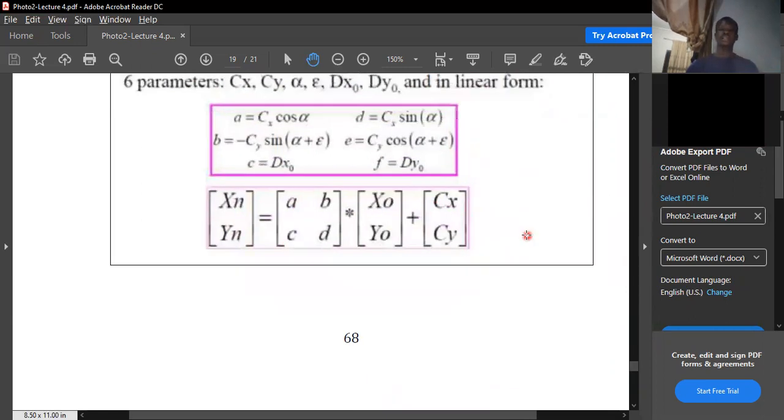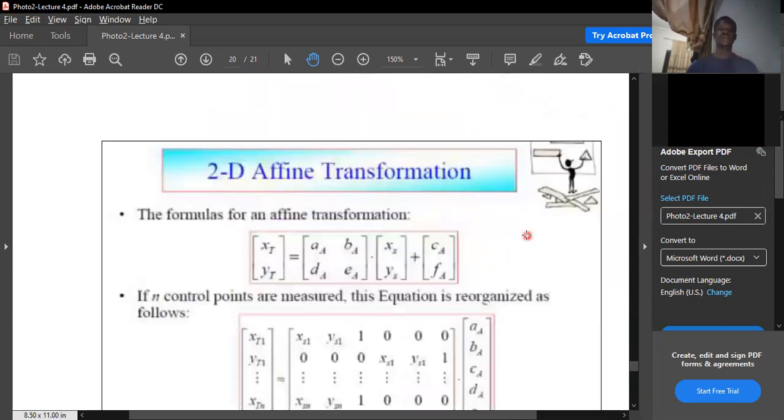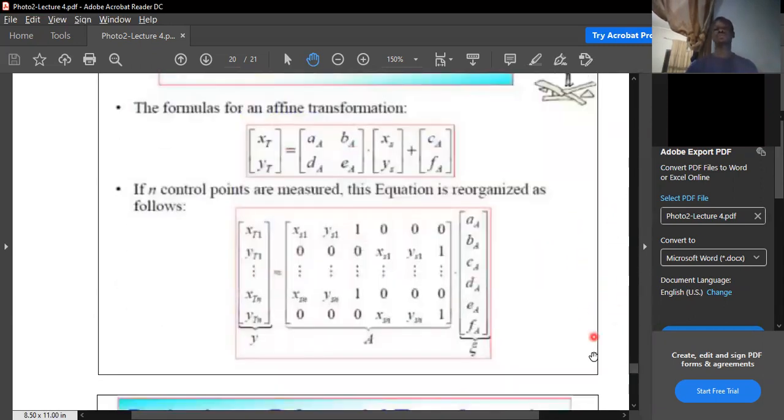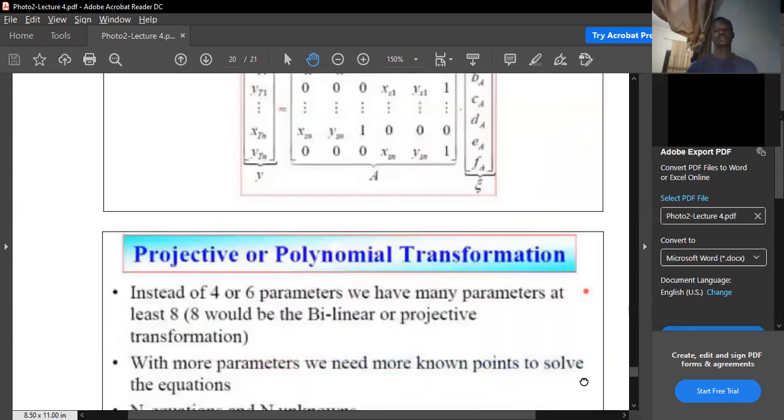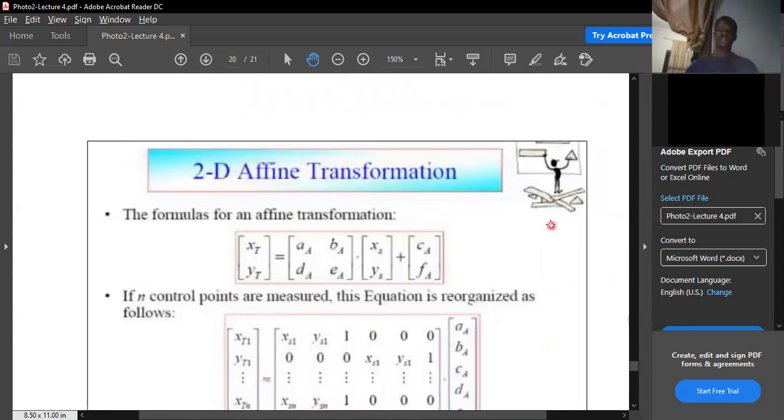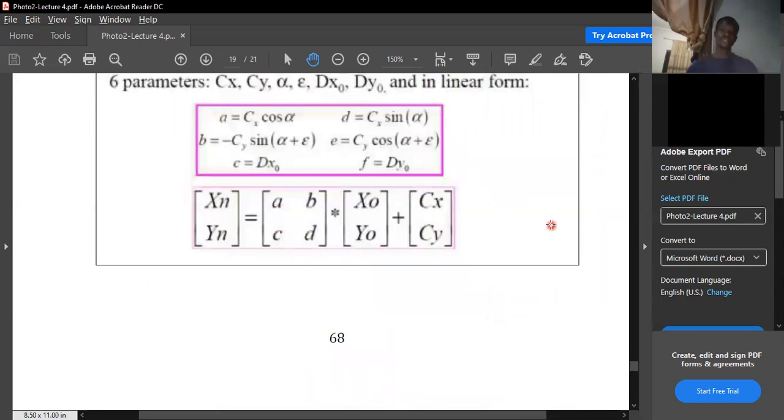The shifts are showing up as CX and CY. So yeah, there you go. Then you can also solve for that. All right, so that is the affine transformation for you.